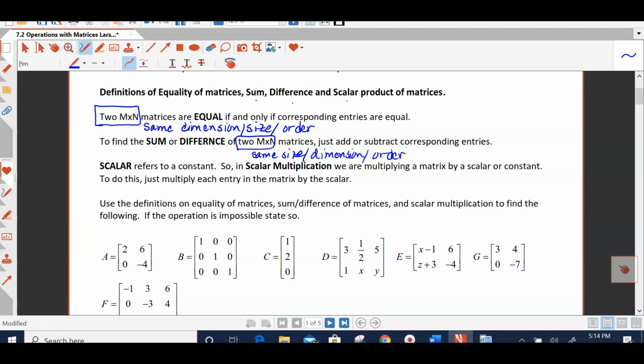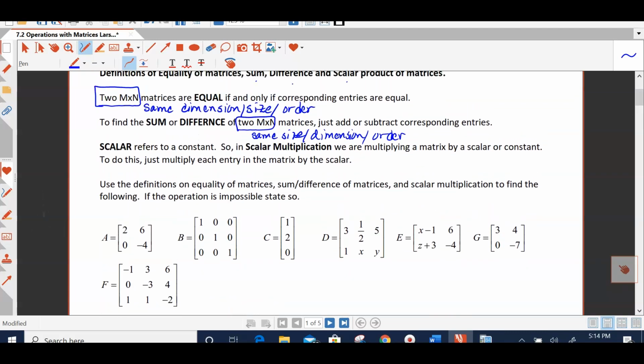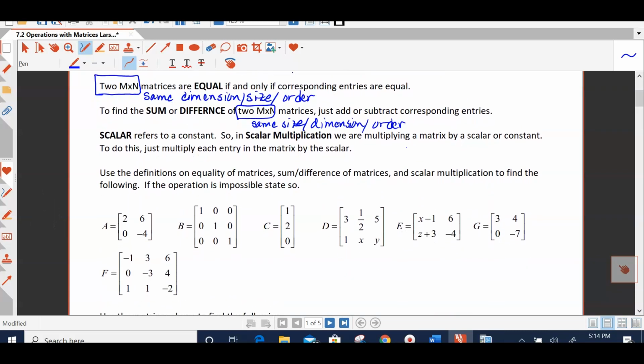This is easy stuff. Finally, scalar multiplication refers to multiplying a matrix by a constant. So in scalar multiplication, we're just multiplying every entry in that matrix by that scalar or that constant. So let's practice those operations. And if we can't perform the operation, we're just going to say doesn't exist or we can't perform.